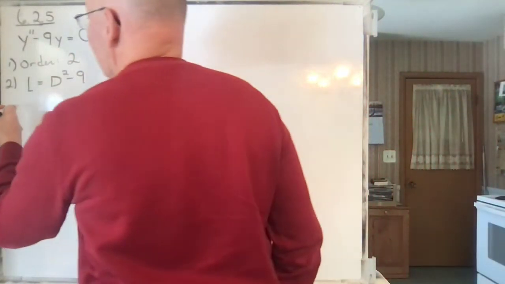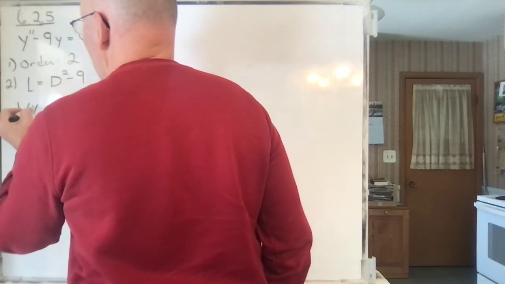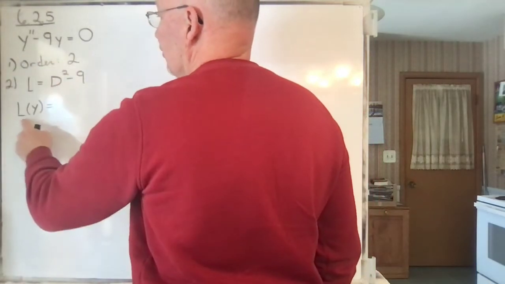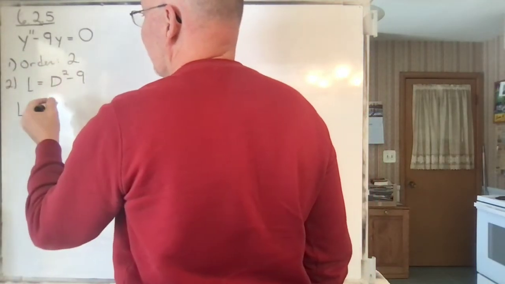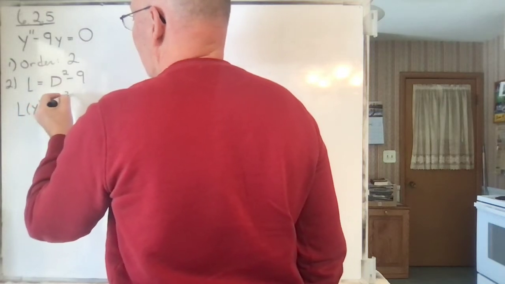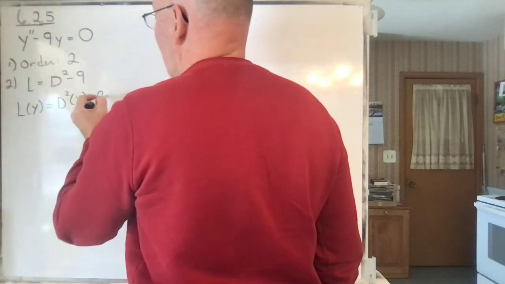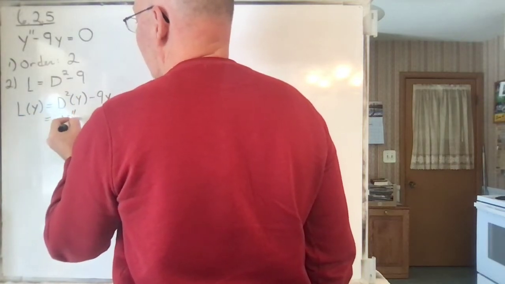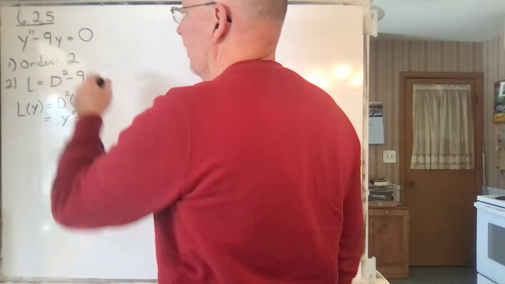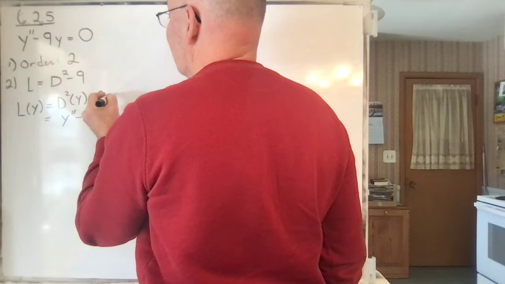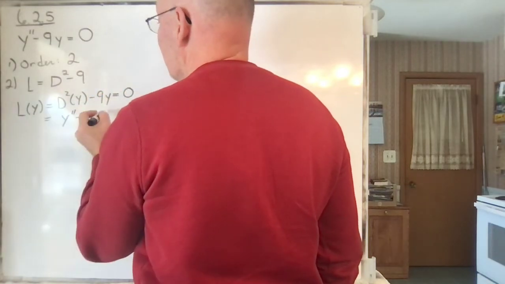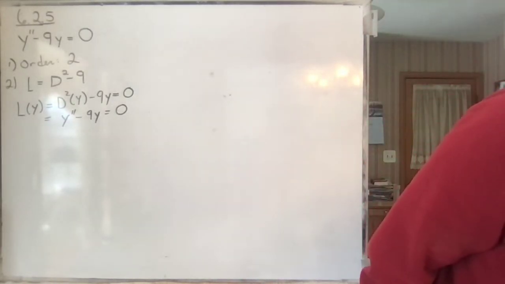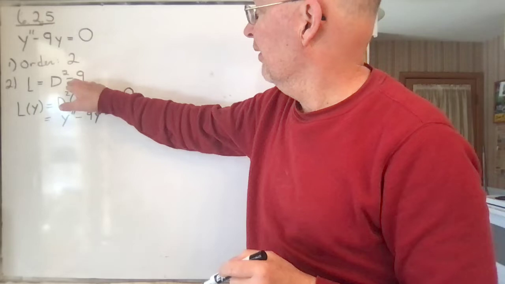So if you take L and you stick a y into L, what does L do to this function? It takes the second derivative of the function. You can write it as D squared of y minus 9y, but D squared just means the second derivative. So it's y double prime minus 9y, and notice that this is being set equal to 0. So L of y is equal to 0. Okay, so that's number 2. And so what is L? There's L right there.